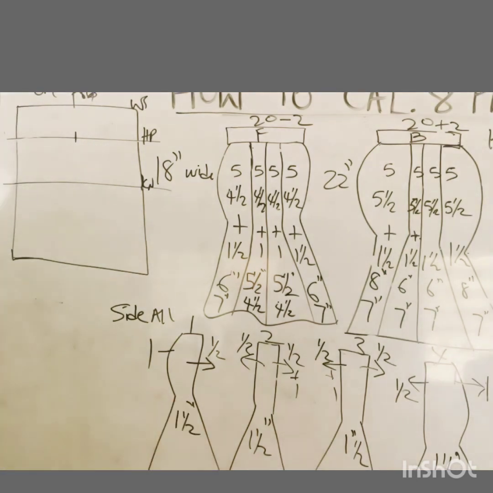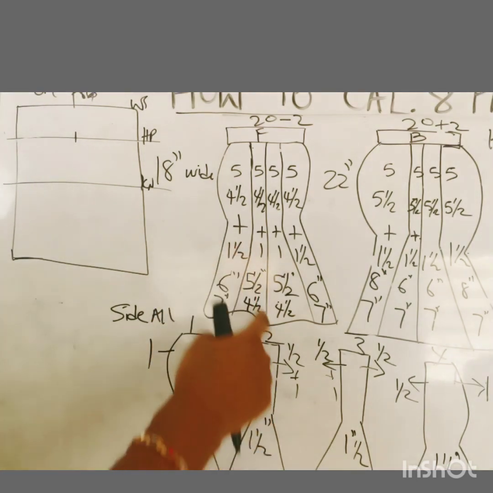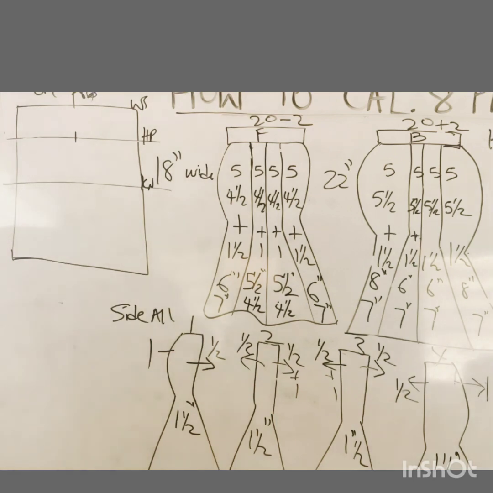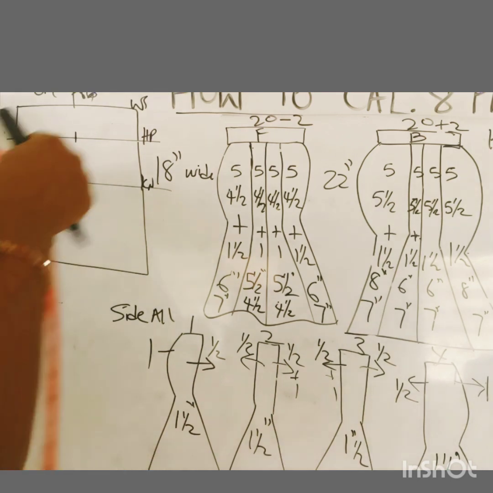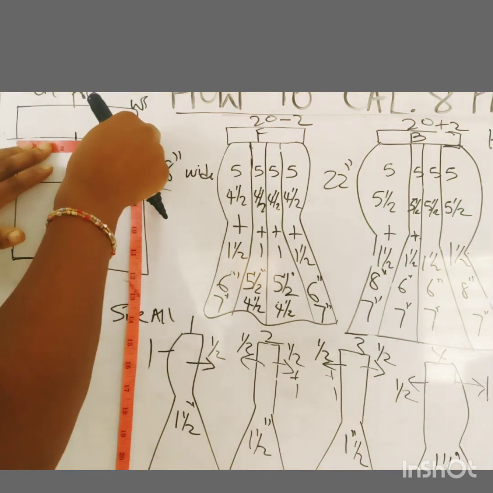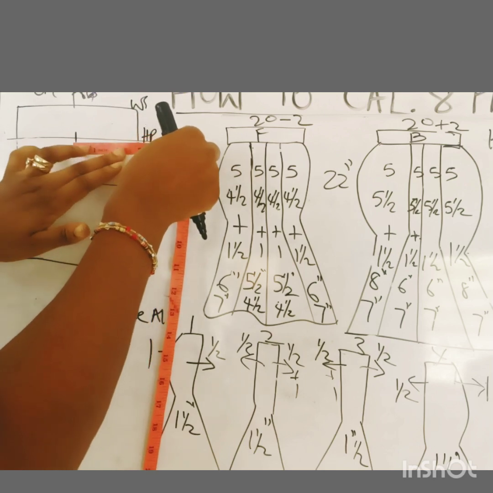So the seam allowance is what I've explained so far. From all our explanation, you can see that the seam allowance always falls around 1.5. So after measuring 2.5, you now add 1.5.